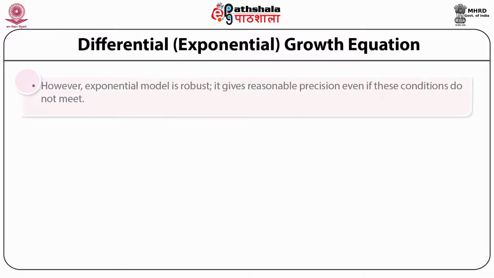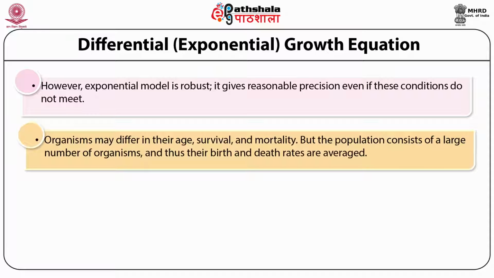The growth equation. However, the exponential model is robust. It gives reasonable precision even if these conditions are not met. The organisms may differ in age, survival, and mortality, but the population consists of a large number of organisms and thus their birth and death rates are averaged.